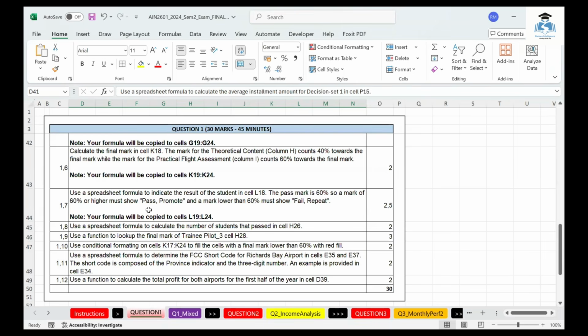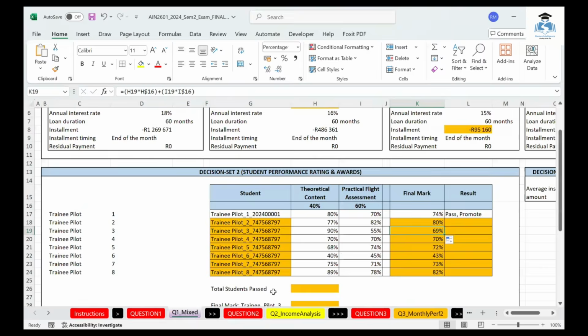Your formula will be copied to cells L19 to L24. Now we come back here. If it's 60% or above, it will say pass promote, but if it's less than that, it is supposed to say fail repeat.